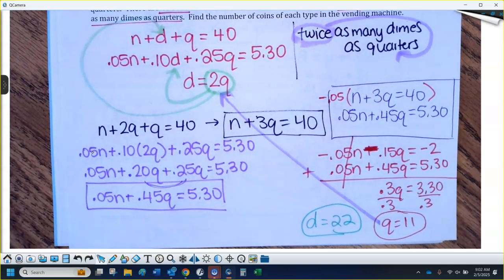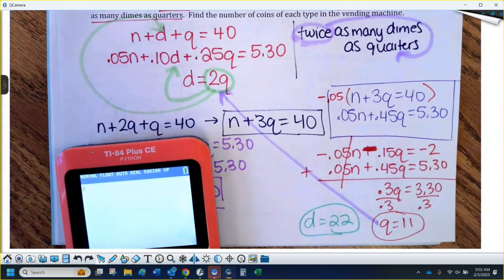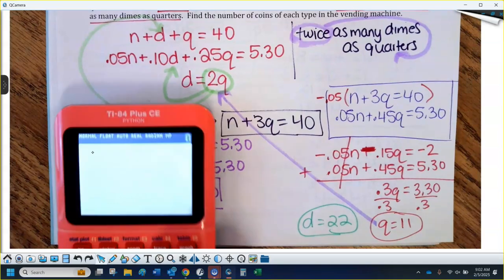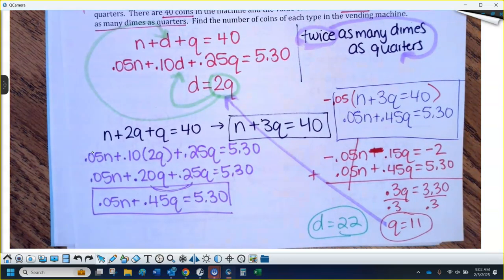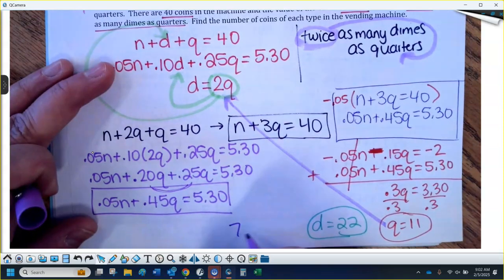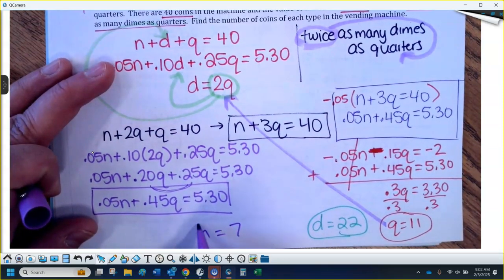And then that very first equation just tells me how many coins I have, right? We have 40 coins. I'm going to subtract 11 quarters and 22 dimes, nothing to do with their monetary value, just how many we have. The leftover is 7, so that must mean that we have 7 nickels.